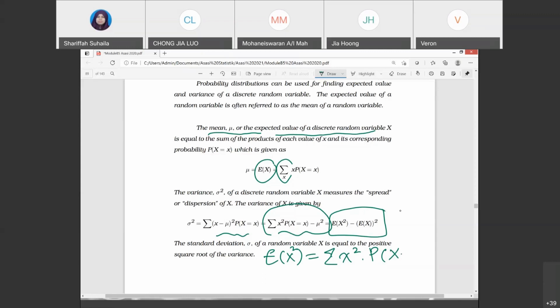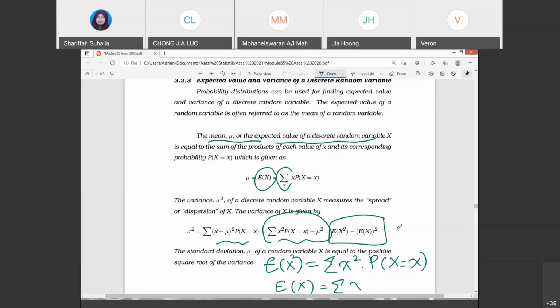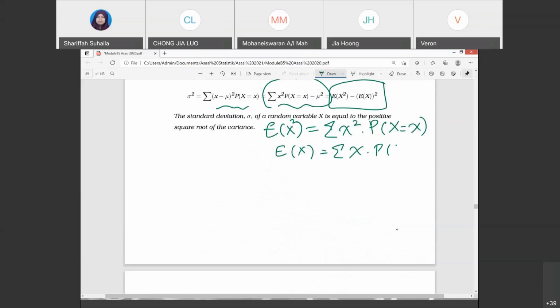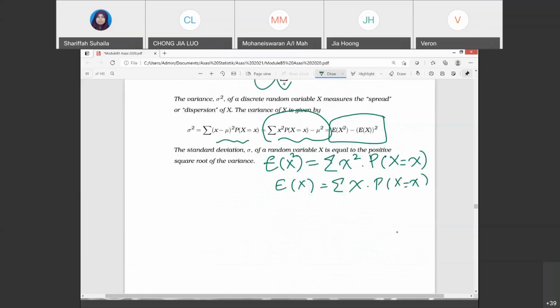So if you want to find your variance, which is sigma square, ini variance X, kita akan ada E(X square) minus E(X), yang kamu punya mu tu, squared.